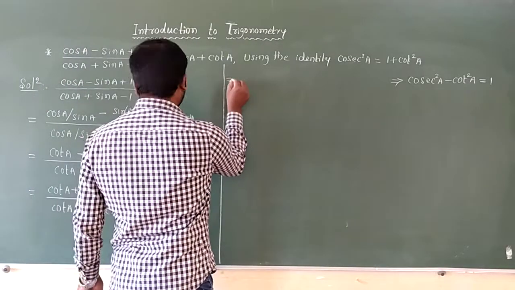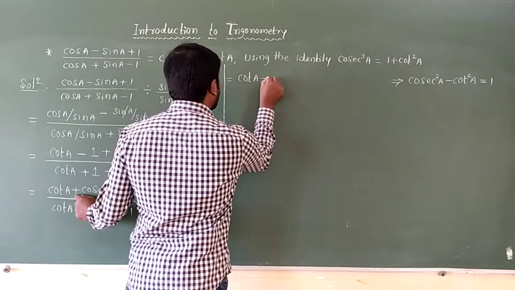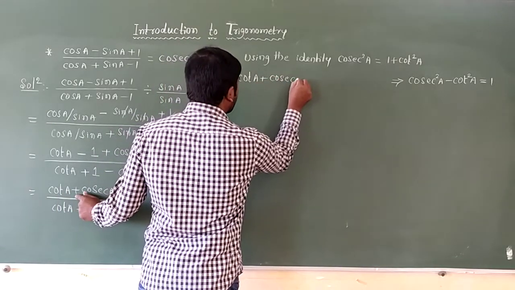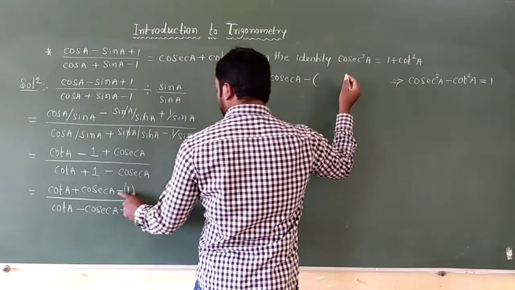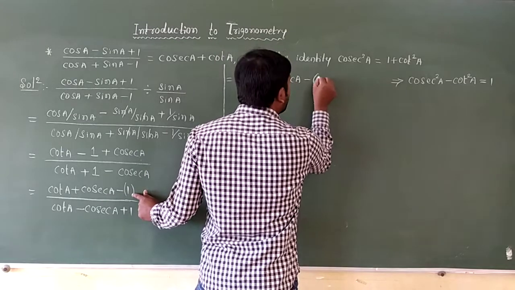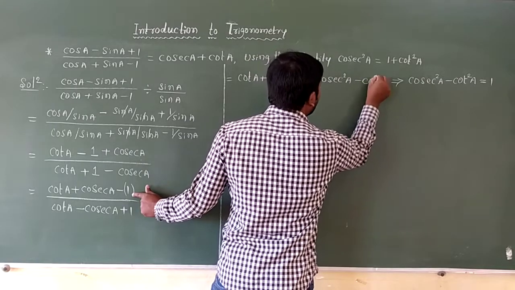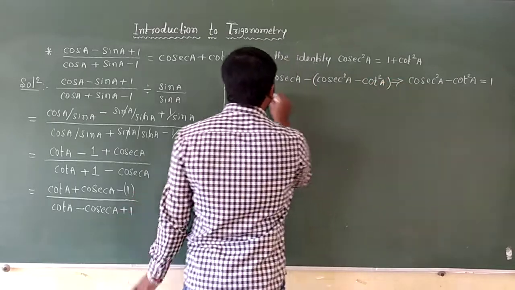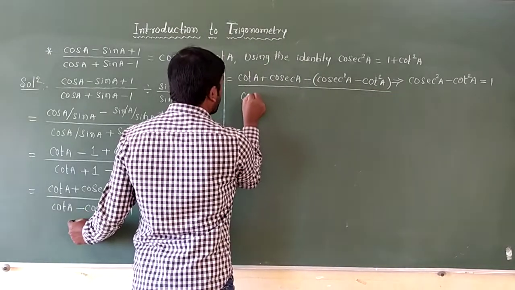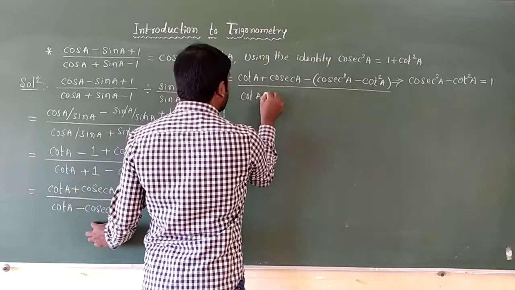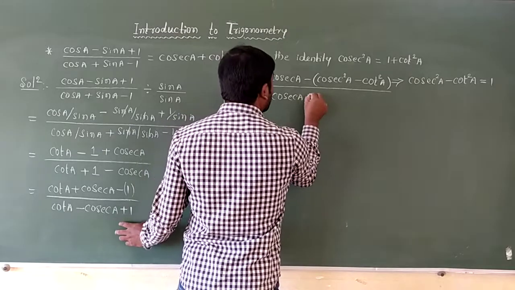So this is equal to cot A plus cosec A minus of, we will use this result for 1, that is cosec square A minus cot square A, whole divided by, keeping this as it is, cot A minus cosec A plus 1.